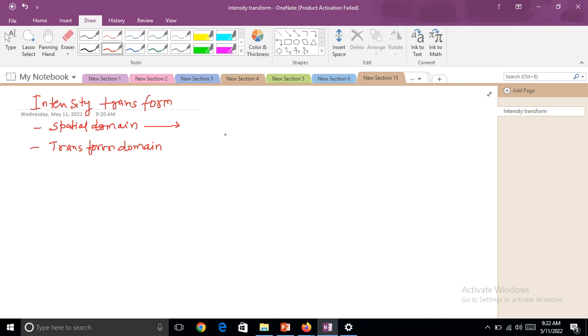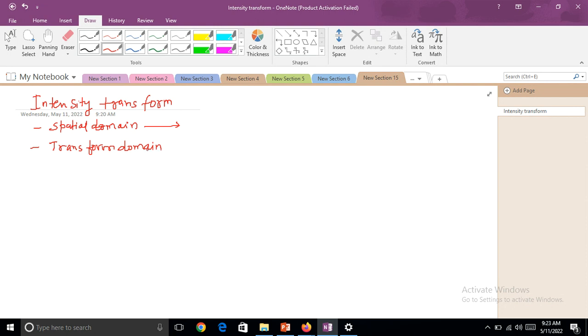Hello students. So in this session we are going to discuss intensity transform. The intensity value transformation may be done in two different domains. One is spatial domain and the other is transform domain. In spatial domain we process the pixel values directly along with its neighbors.